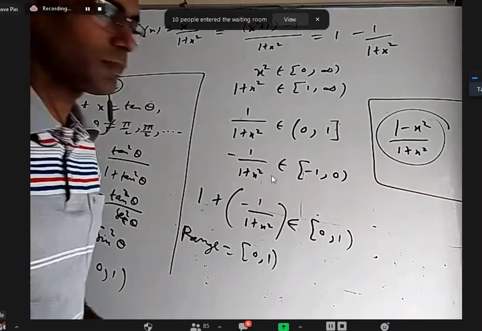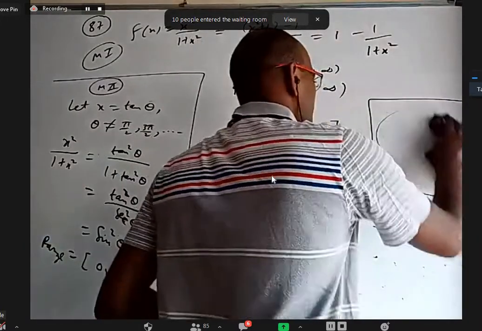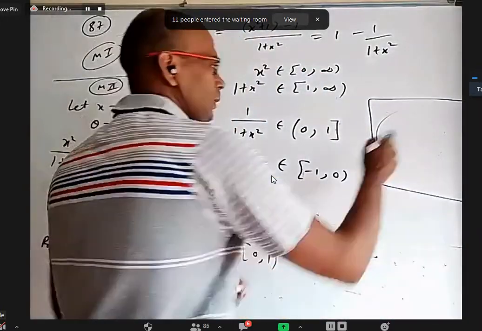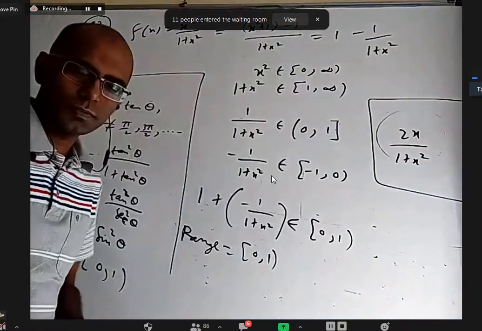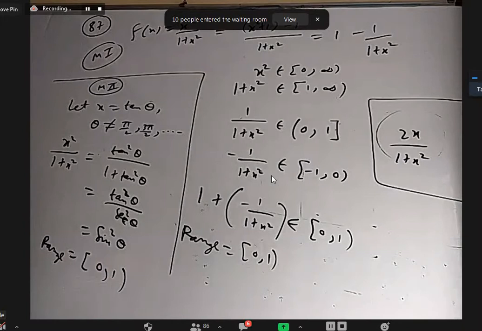Let me ask almost similar another one. 2x by 1 plus x square. What is the range of this? Closed interval, open interval minus 1 to 1. Why open interval minus 1? Sine 2 theta. Yeah, it is sine 2 theta.